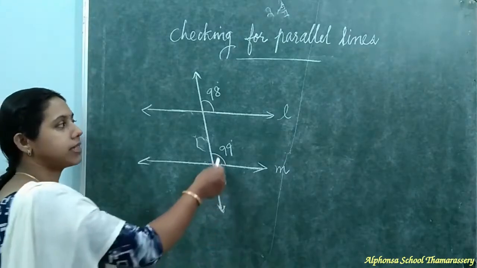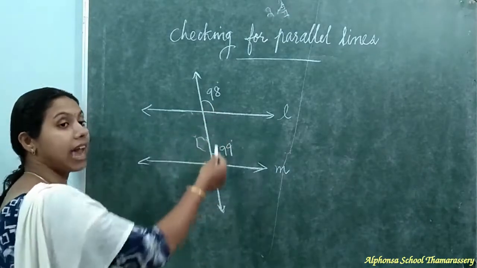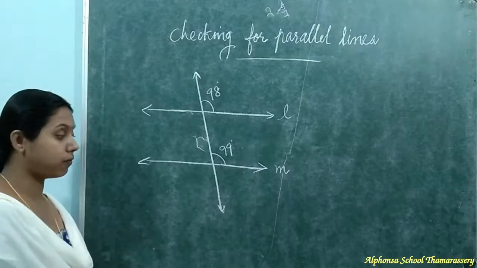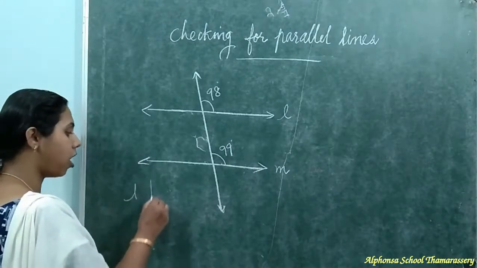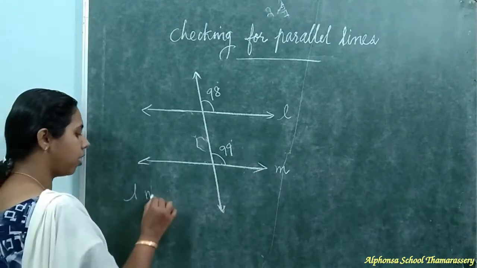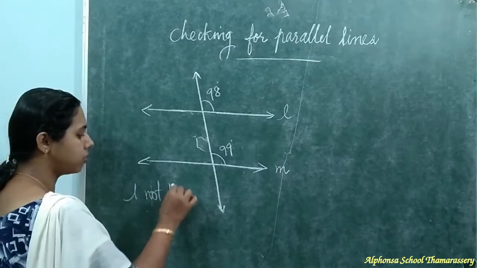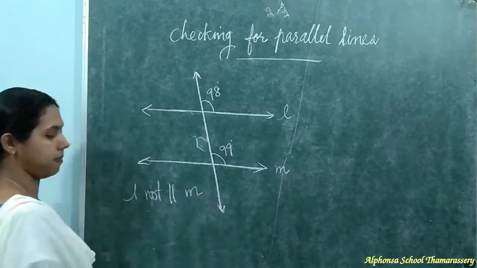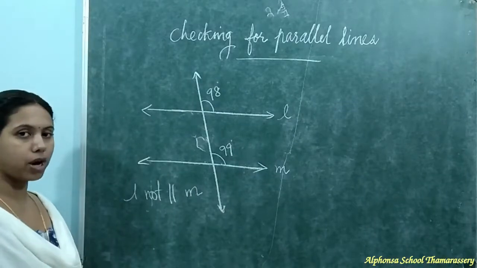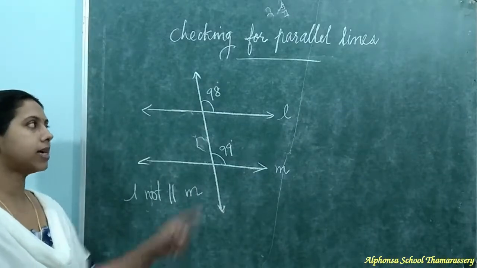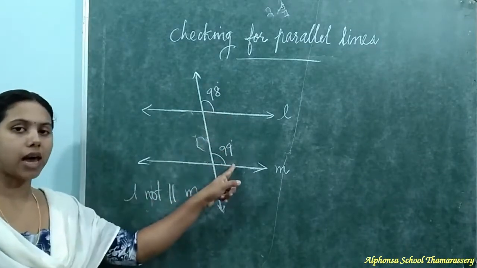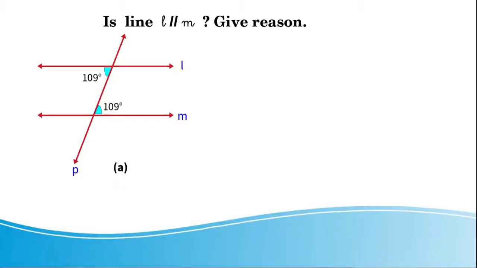No, because the corresponding angles are not equal. Therefore, line L is not parallel to line M because the pair of corresponding angles are not equal.